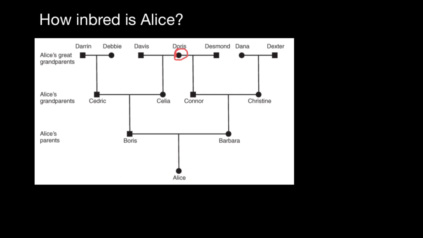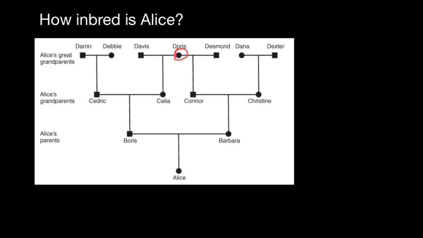So Alice can get genes of Doris both from the father's side and the mother's side. None of the other persons in this pedigree have such a possibility to pass their genes from both the father's side and the mother's side.